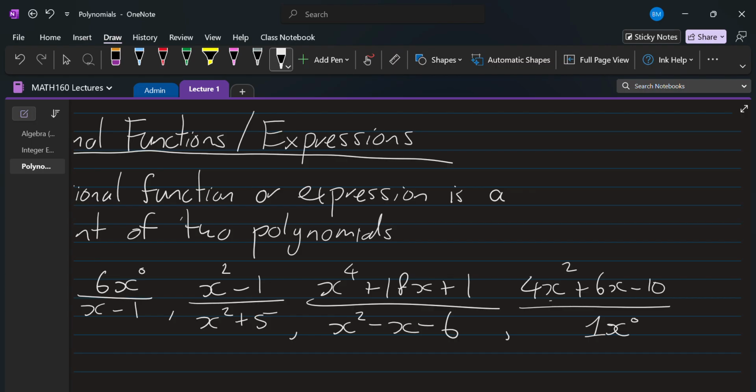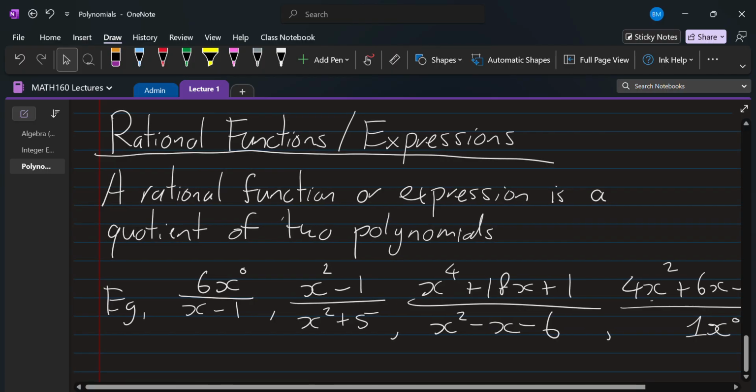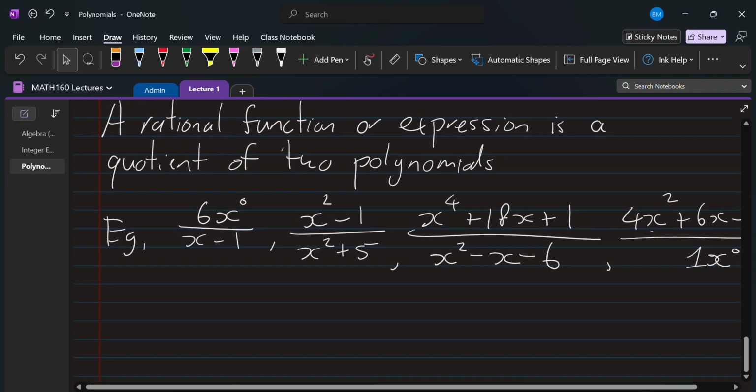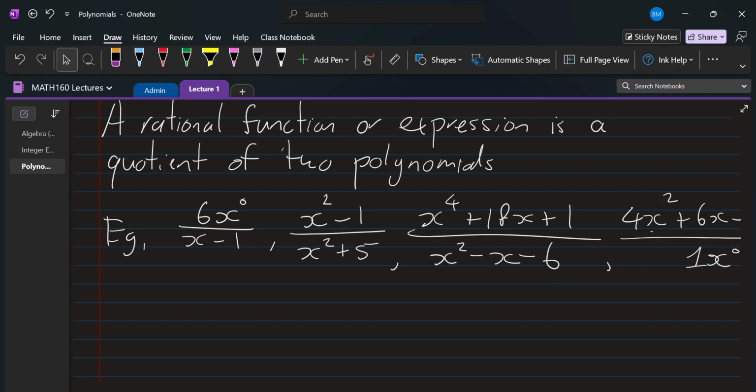Okay, this next one is a bit more obvious. We've got x squared minus 1 over x squared plus 5. Quadratic polynomial at the top, quadratic polynomial at the bottom. Okay, that's a rational function. Next one as well, quite obvious. So we have x to the 4 plus 18x plus 1 over x squared minus x minus 6. 4th order polynomial at the top, 2nd order polynomial at the bottom.